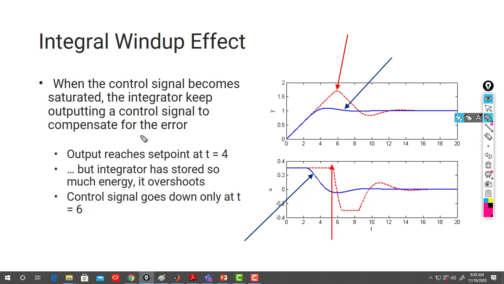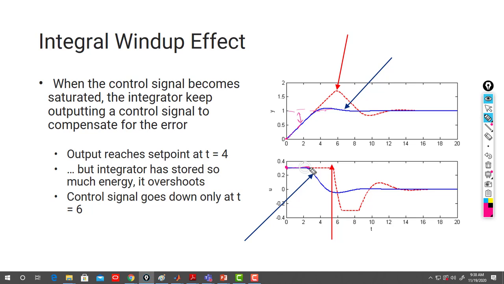Then on the output, assuming now the output reaches the set point, after some time from here I'm saturating at here, and this is my output Y. This is my desired output here. I keep increasing, so still I have error. I'm saturating. From time 0, my actuator is saturated.